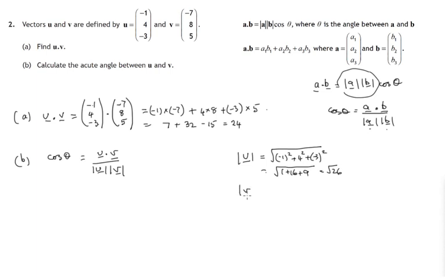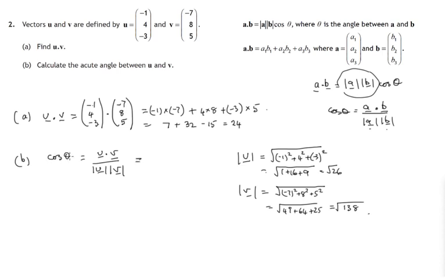And then the length of v, same type of calculation, -7 squared plus 8 squared plus 5 squared, which is the square root of 49 plus 64 plus 25. And to be sure, you would use your calculator for that. It's 113 plus 25, 138.